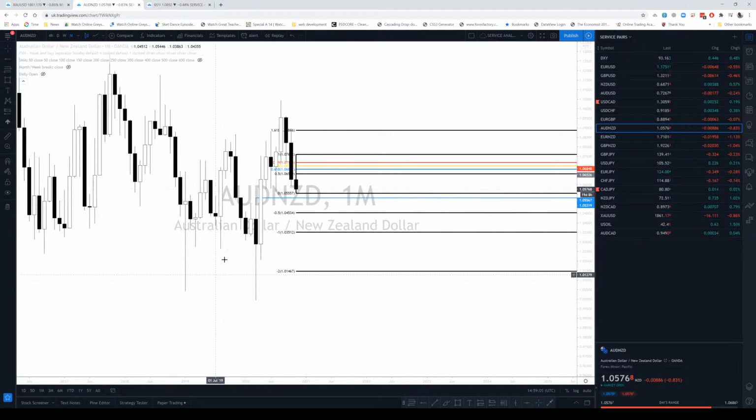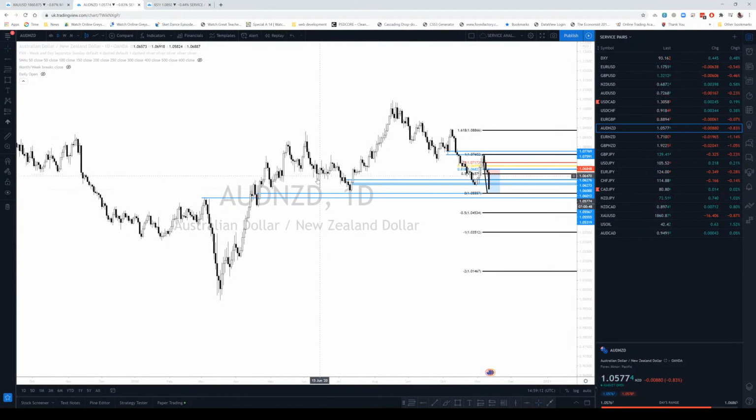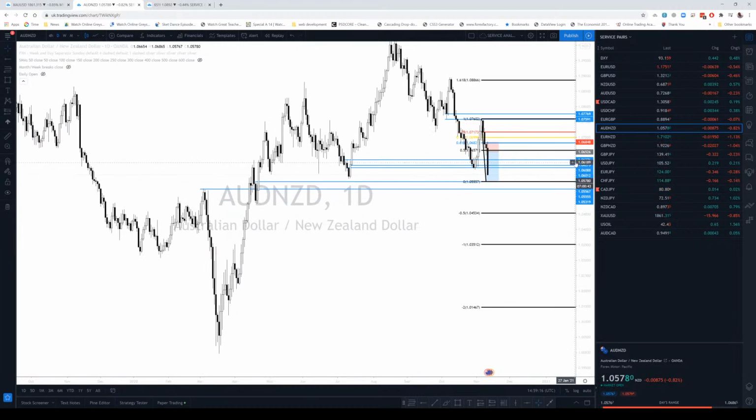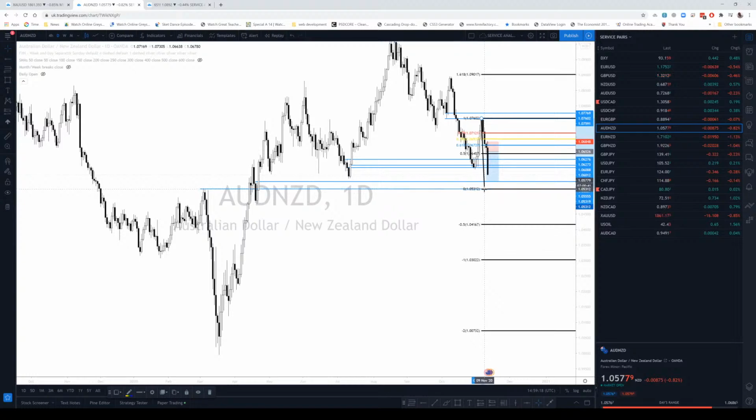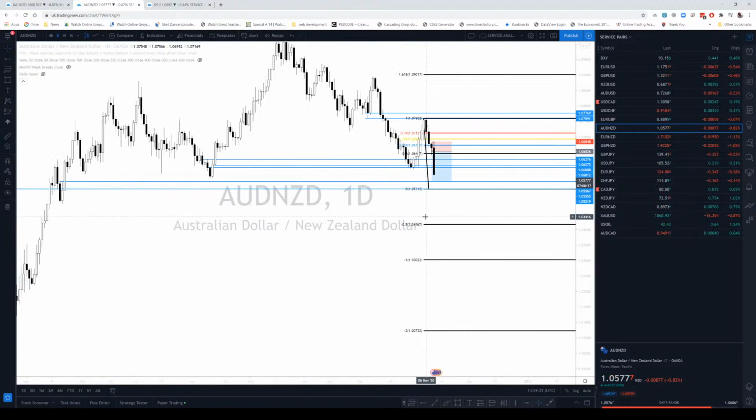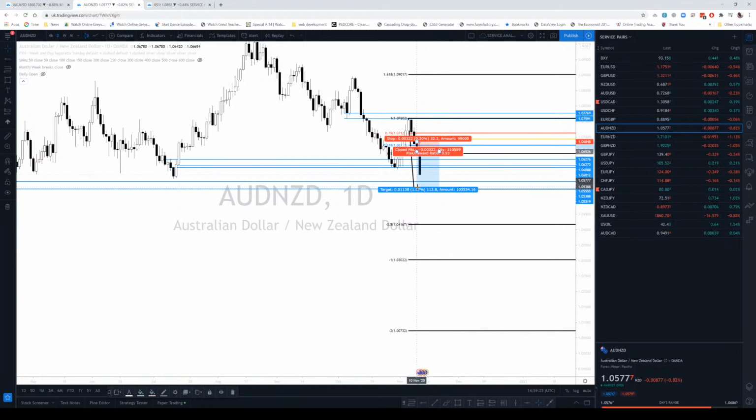It did take out some stops, so the high will be very sensitive. So the mean threshold of this down candle could offer a really big bounce. So let's push this one here. Like, it could come down there as well. Sorry, my bad, I didn't look at the monthly properly.